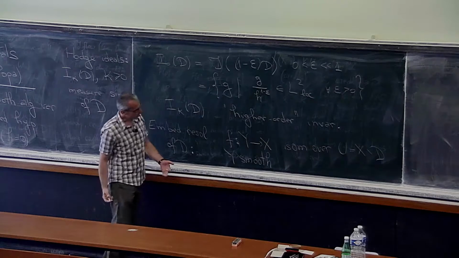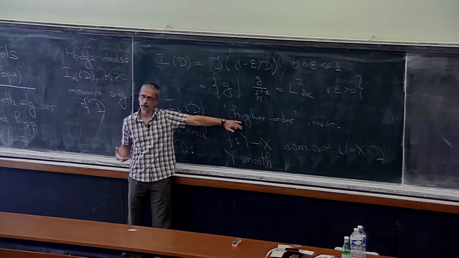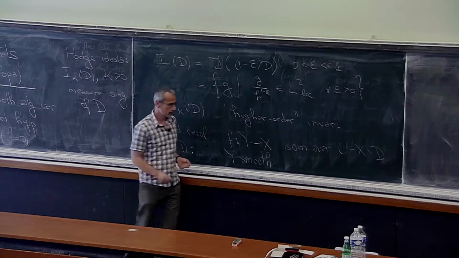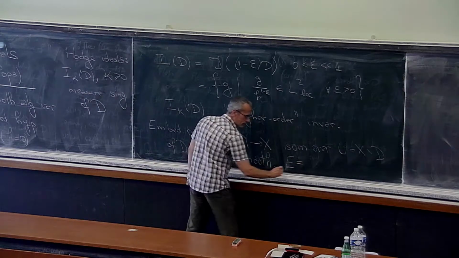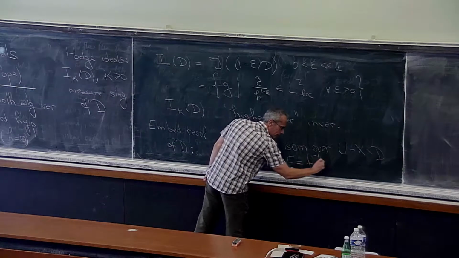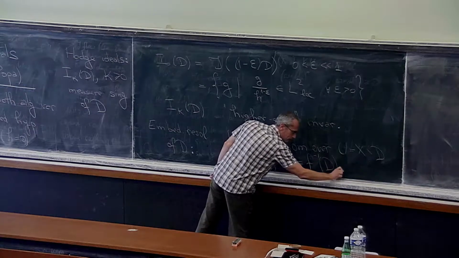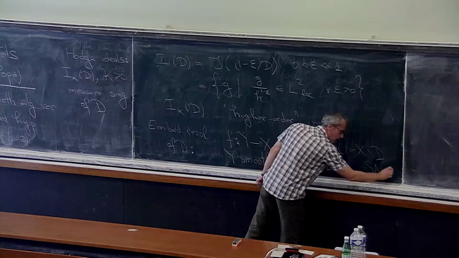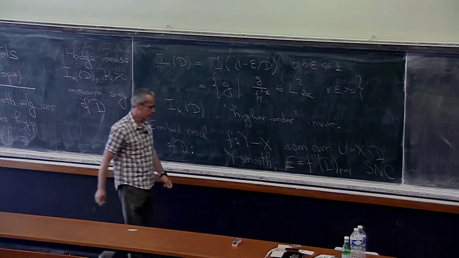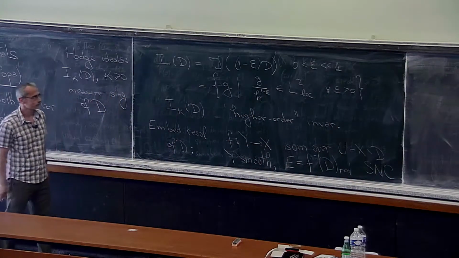If I look at the inverse image of D, which again I'm going to think of just as a reduced object, E is the reduced inverse image of D. This is supposed to be a simple normal crossing divisor, so locally it's cut out by a product of the coordinates.